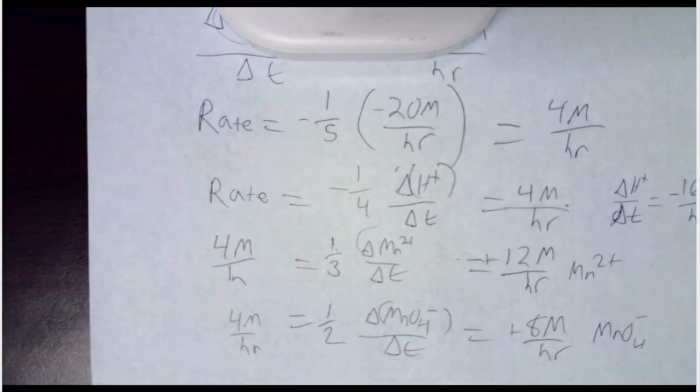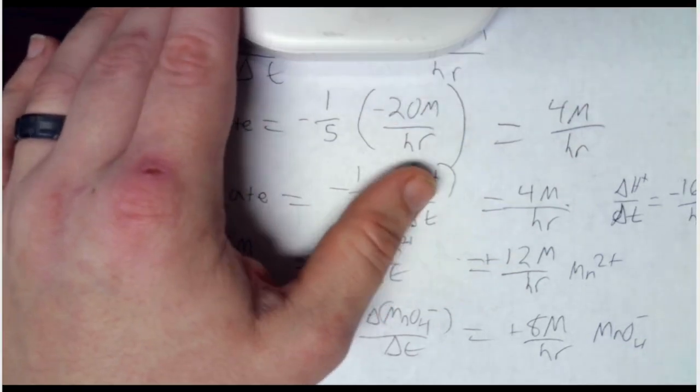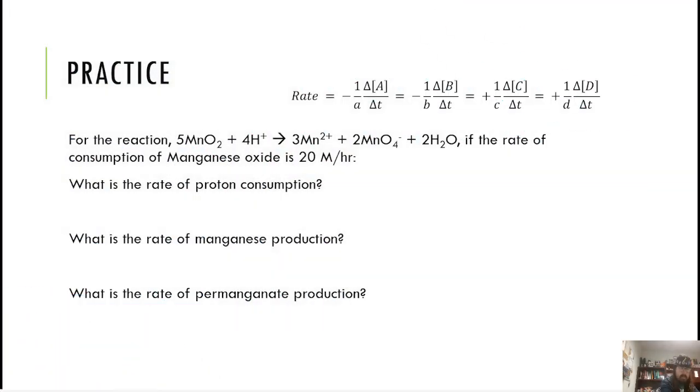So this is a very easy relationship to get. That's the easy part of this chapter: finding the rates relative to each other.